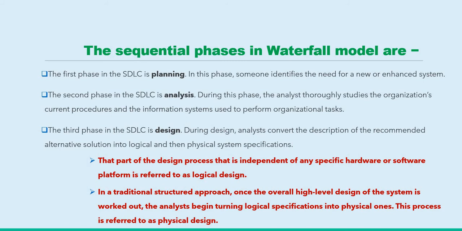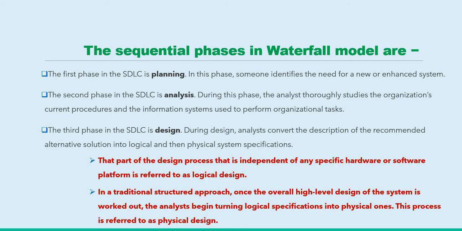The second phase in the SDLC is analysis. During this phase, the analyst thoroughly studies the organization's current procedures and the information systems used to perform organizational tasks. For example, requirements determination and requirements structuring.